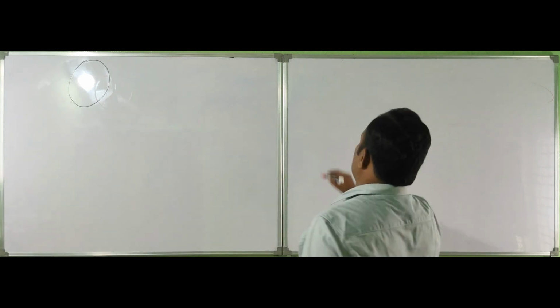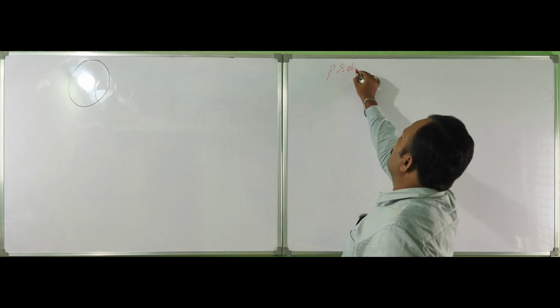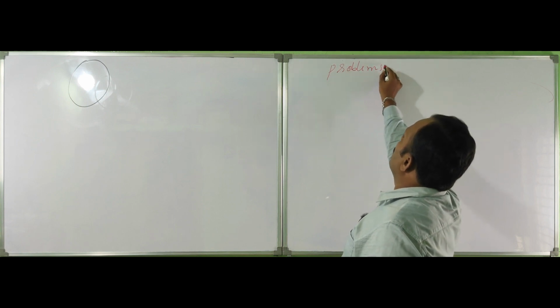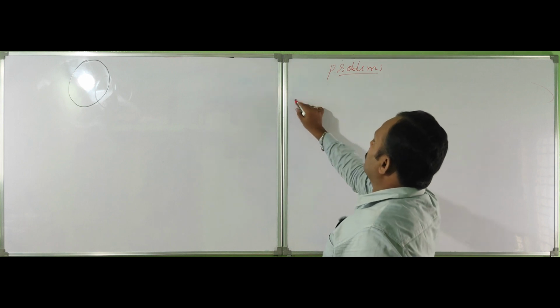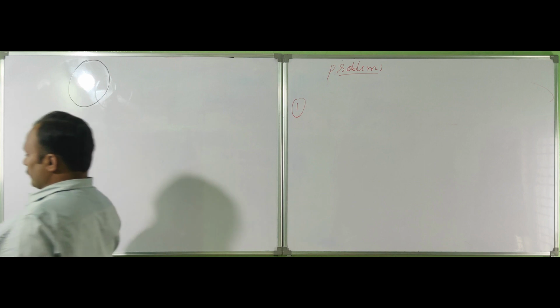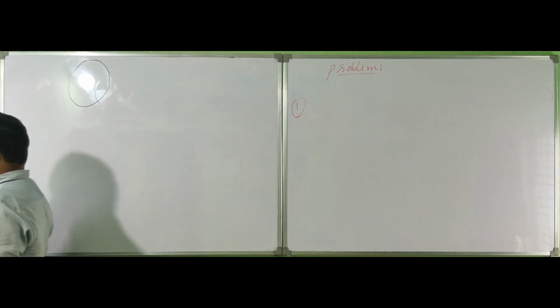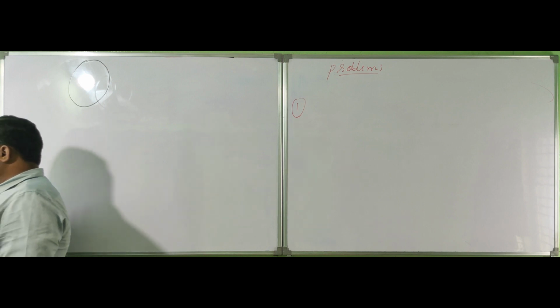Question number 1 is, in the problems and solutions: draw the diagram for the following angles and state in which quadrant they lie.